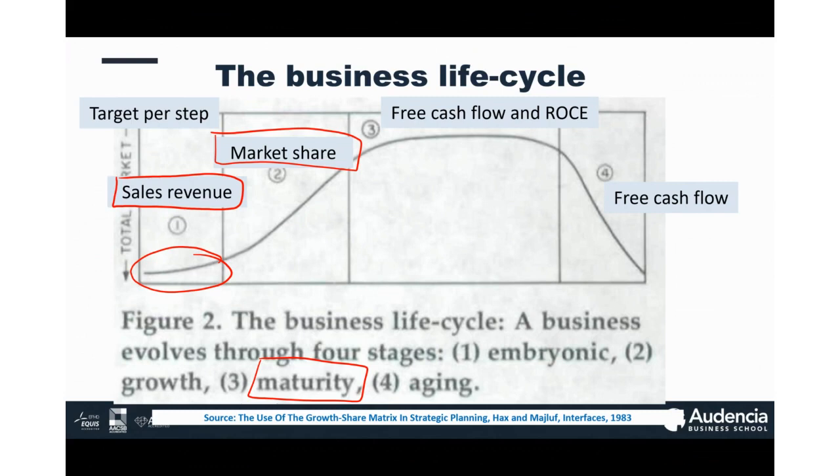So they can have a lot of negative free cash flow in the stage number 3 if the market share is very low. So now we are supposed to transform negative free cash flow into positive free cash flow at the stage number 3, but it is related to your market share. It's easier if you have a huge market share to create a positive free cash flow than if you have a small market share.